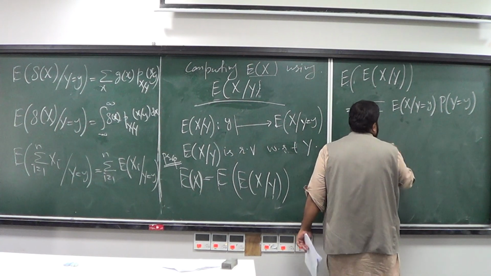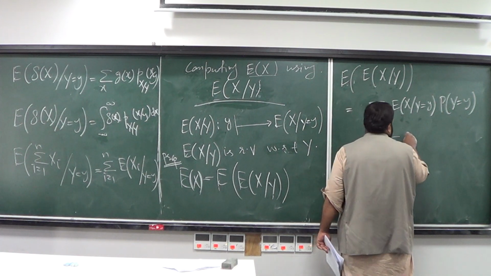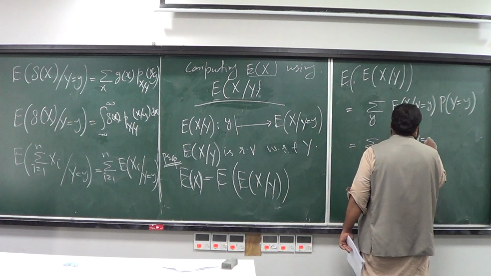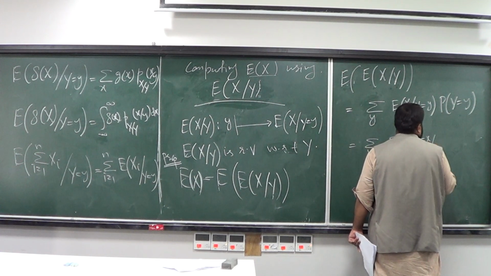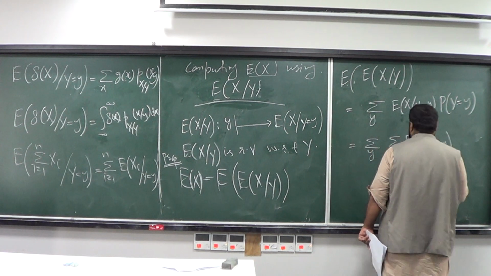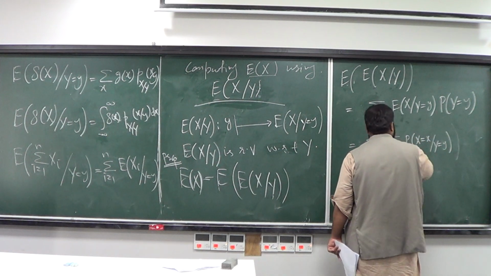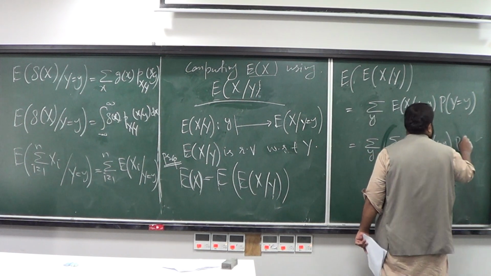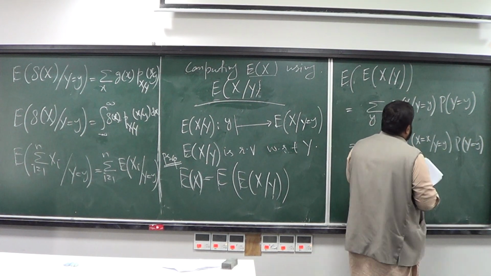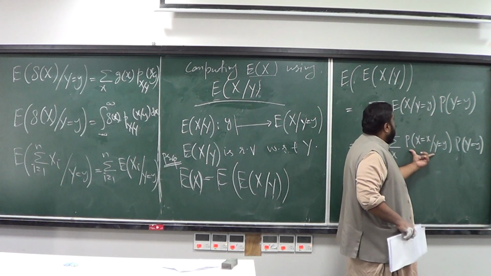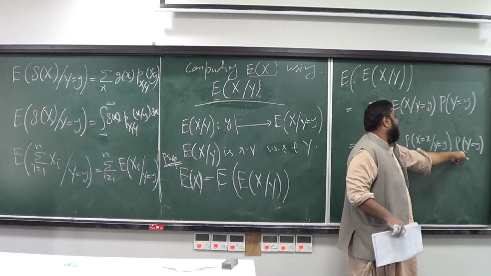I can also write this more explicitly: this is going to be the sum over x of x times the probability that x is x given y is y, and this number is multiplied with the sum. So I can multiply it with each term of this sum. Here I substituted the sum and then multiplied that sum with this number, so this number will be multiplied with each value in this sum.